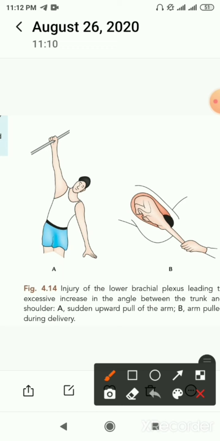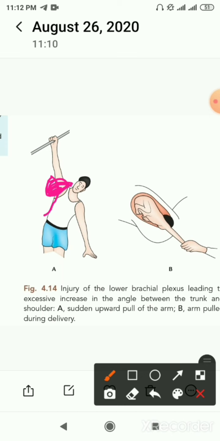You can see when someone falls from a height and suddenly catches a structure, there is undue abduction of the shoulder joint, and there is injury of the lower trunk of the brachial plexus, and it produces the clinical condition Klumpke's paralysis. It can also occur during delivery.